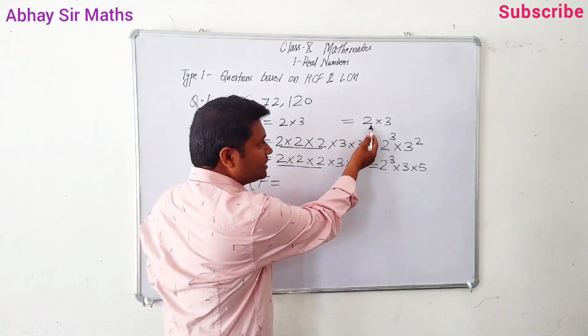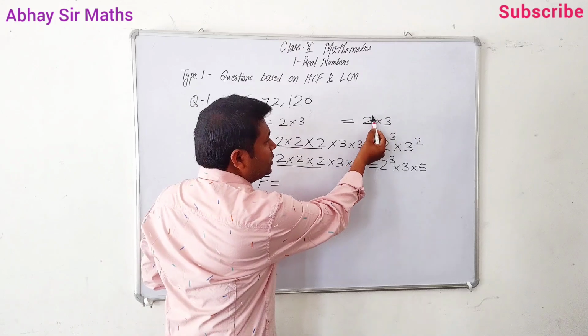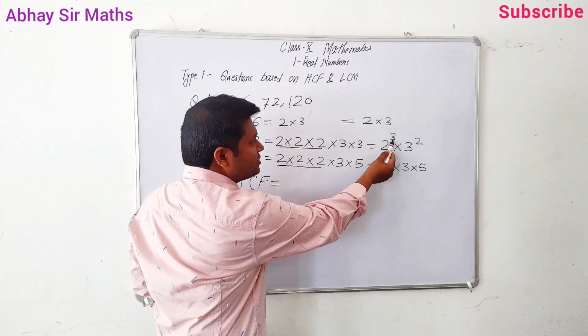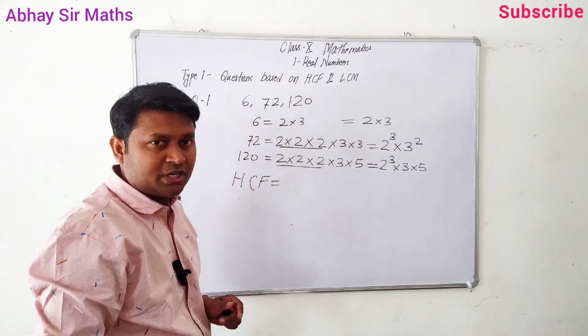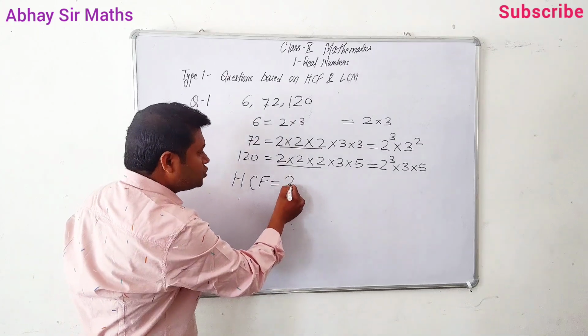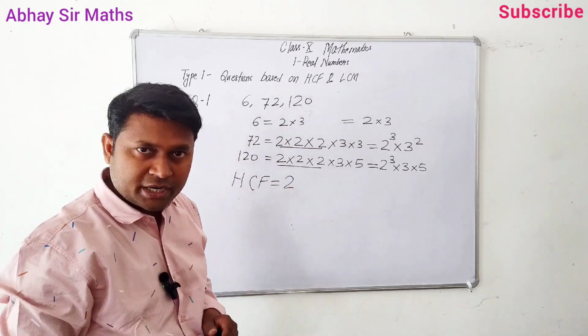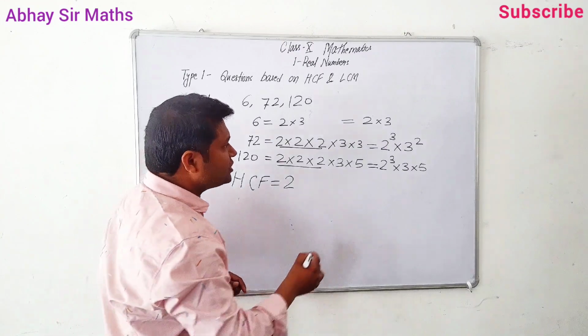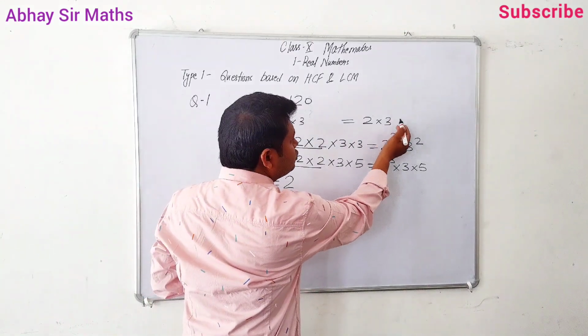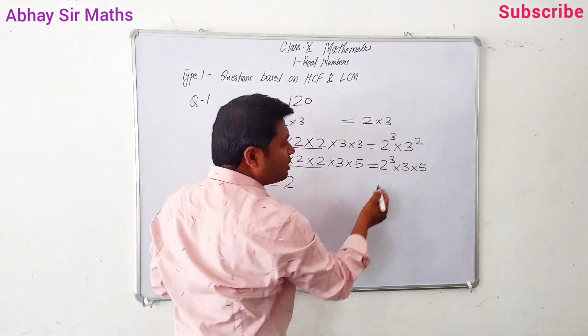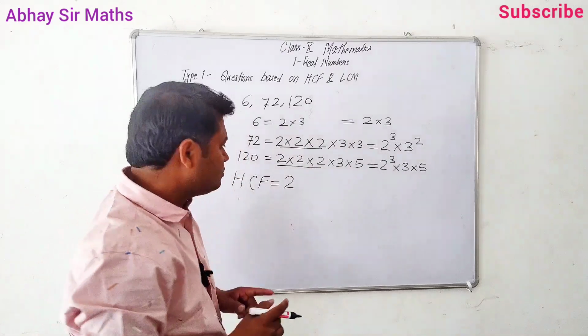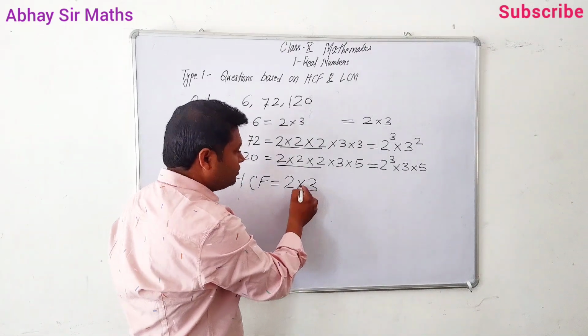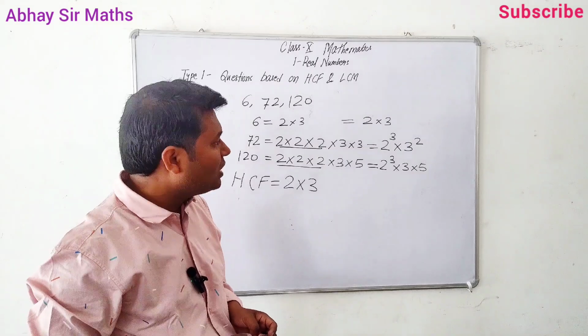So what is the common factor here? Here nothing is written, it means 1 is there, here 3 is there, here also 3 is there. So the lowest power is 2 to the power 1. Alright. Now the next thing is 3. So again here 3 to the power 1, 3 square, 3 to the power 1. The lowest power is 1. So we will write 3 to the power 1.